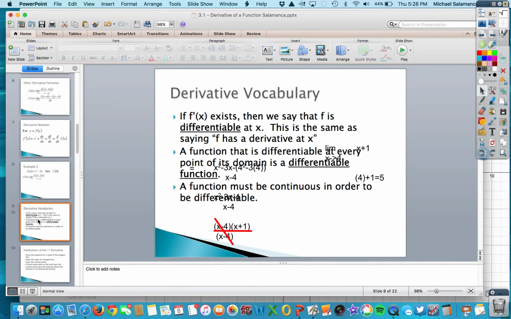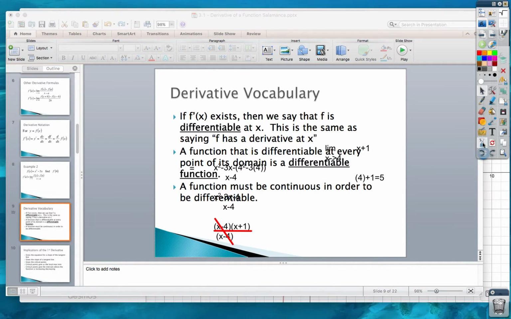So a couple things to consider is our derivative vocabulary. So we can say f prime of x. So f is differentiable at x. This is the same as saying f has a derivative at x. Now, a function that is differentiable at every point of its domain is a differentiable function.